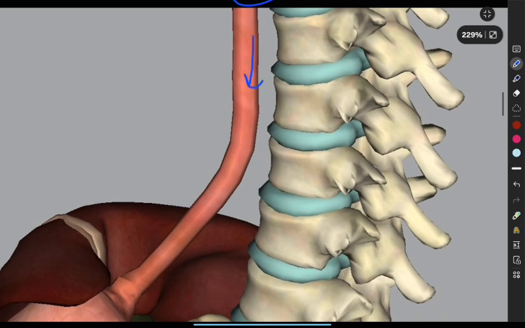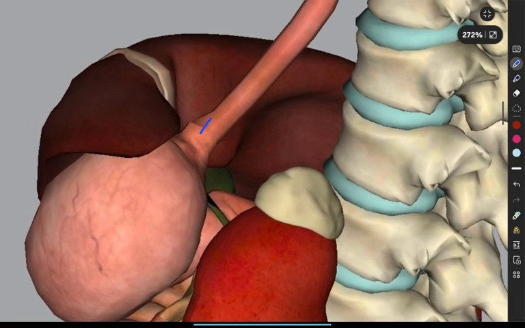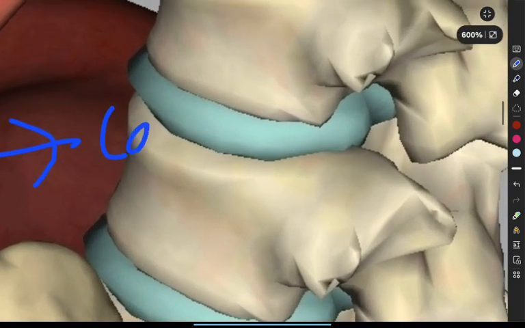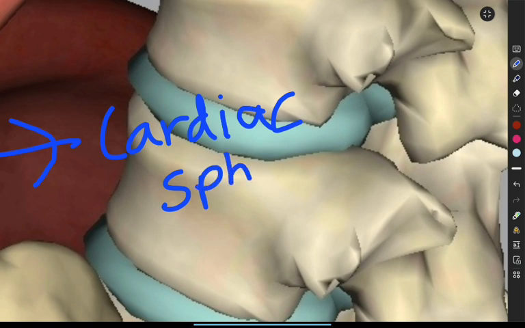So the food, which is in the form of a bolus, enters our stomach here, and a sphincter is present here which is known as the cardiac sphincter.